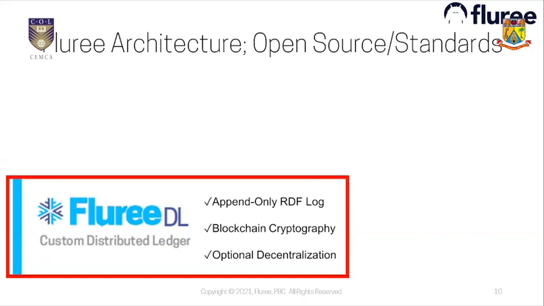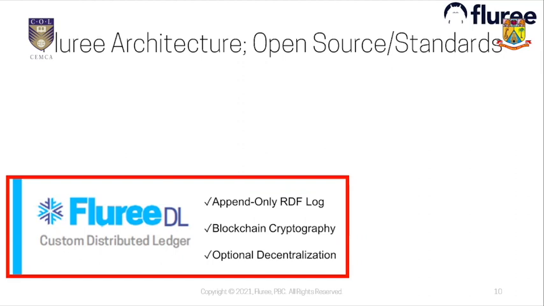Transactions submitted to Flurry DL are signed by the submitter's unique key, and once they pass the rules enforced by Flurry smart functions, they join the blockchain as the next immutable log entry, using SHA-3 256-bit hashing algorithms to secure the data and guarantee the integrity of the ledger.